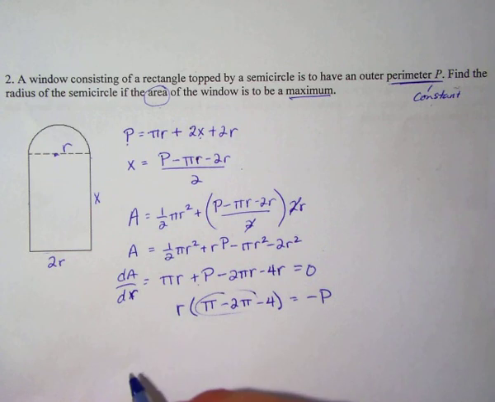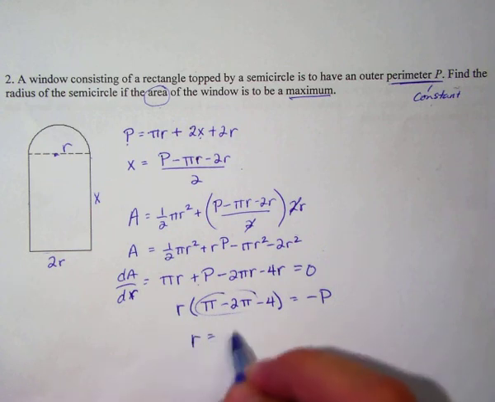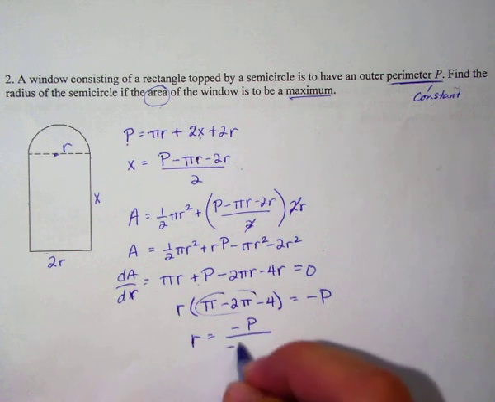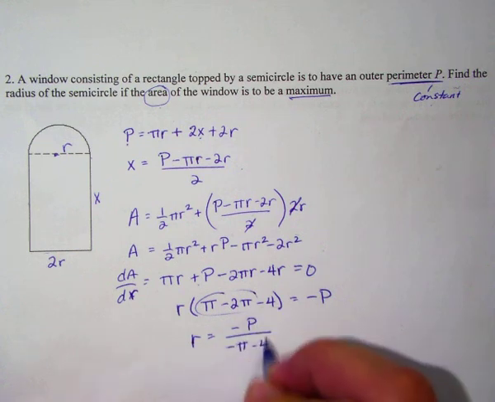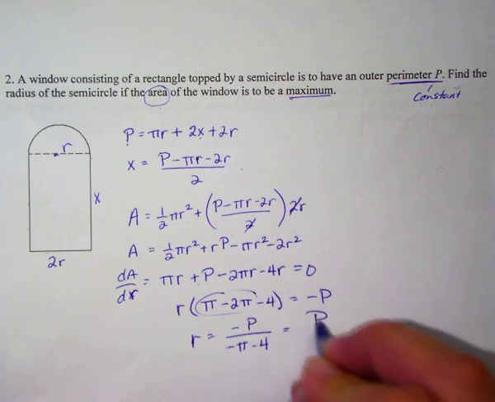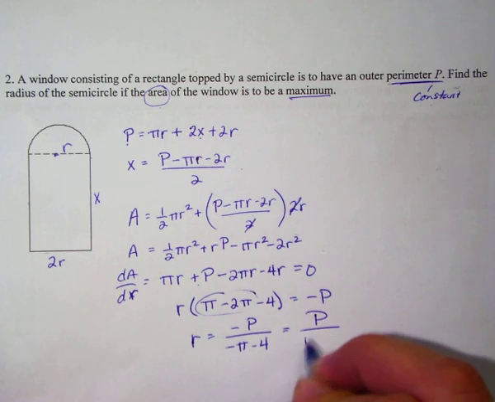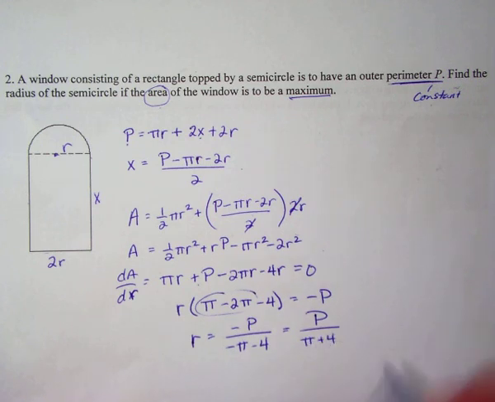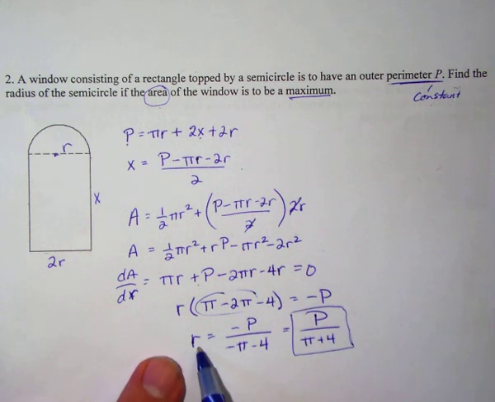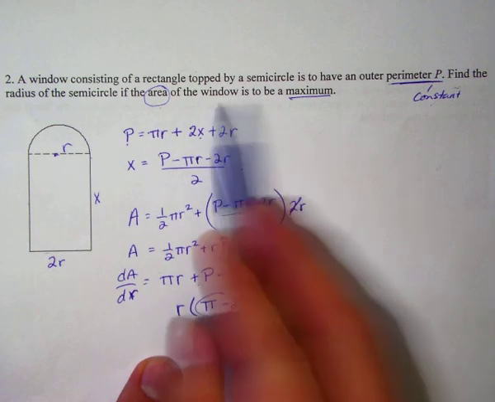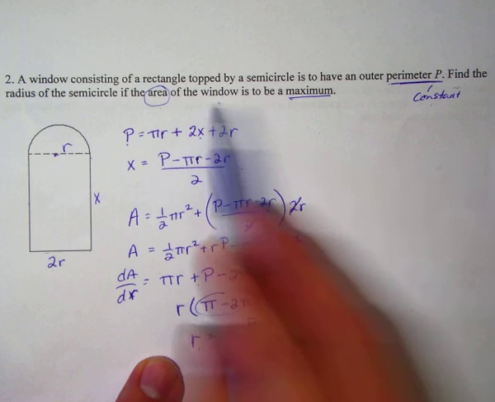I can add these two like terms, which I'm going to do here. R equals negative p over negative pi minus 4. And just for simplicity's sake, I'll take out the negative. And I'll have that. So this will be the radius of the semicircle when the area of the window is at a maximum.